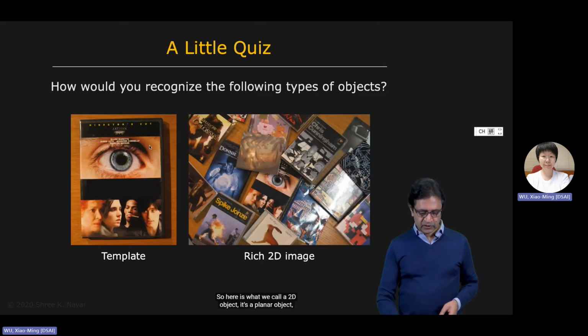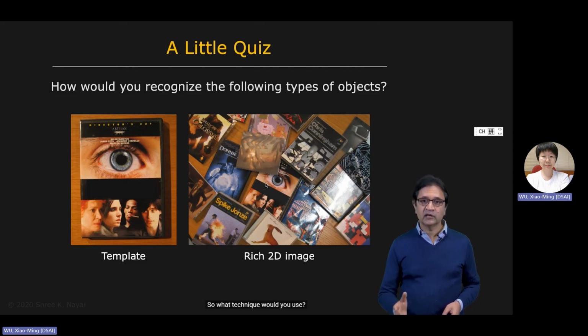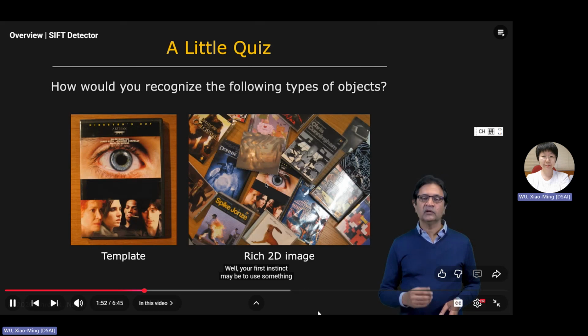So here is what we call a 2D object. It's a planar object, but with a fairly complex appearance. And we want to find this object in this image right here. So what technique would you use? Well, your first instinct... So how do we find this object? How do we find this object from here?